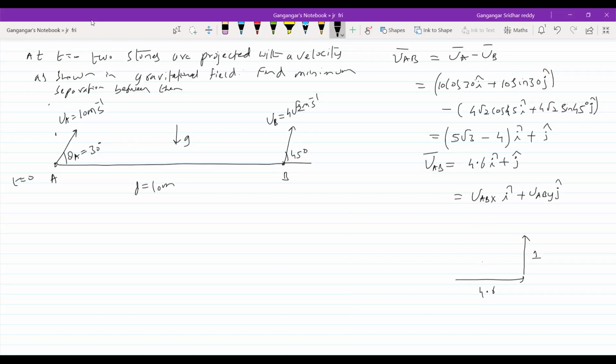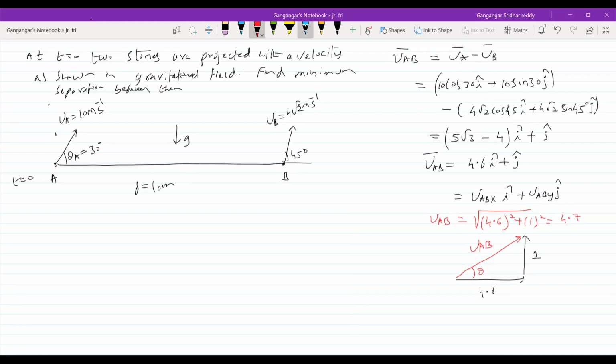And this is the direction of the resultant U_AB. Call this theta. So what is U_AB? Root of 4.6 whole squared plus 1 squared. Let me take the calculator and give the value. The resultant is 4.7.